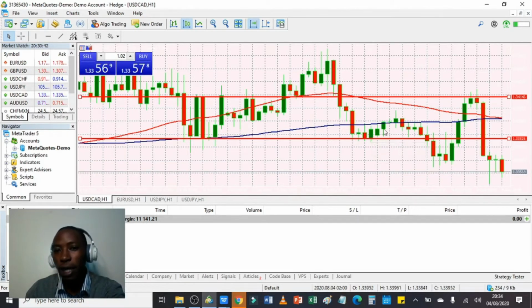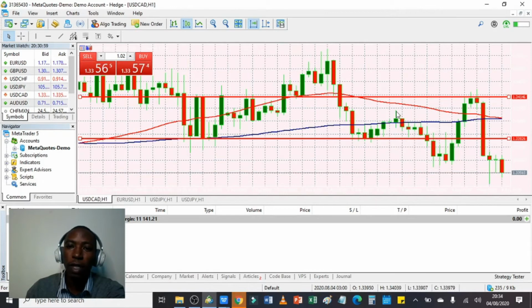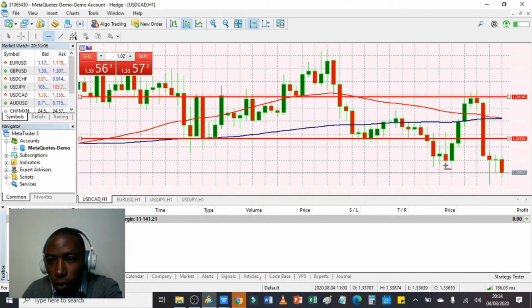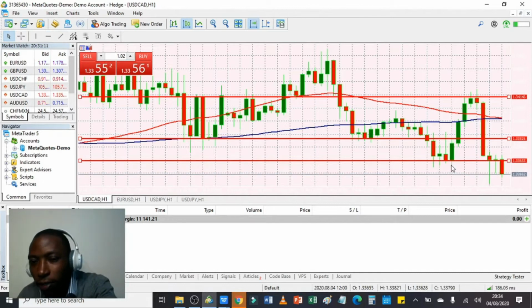But as you can see, we have the blue line here, the 100-hour moving average, that acted as a point of resistance. The price couldn't go any higher than it. That is why it was contained, and after trying to break the 100-hour moving average, it was like a false breakout. The price dropped again and kept dropping up to this level, 1.33655.